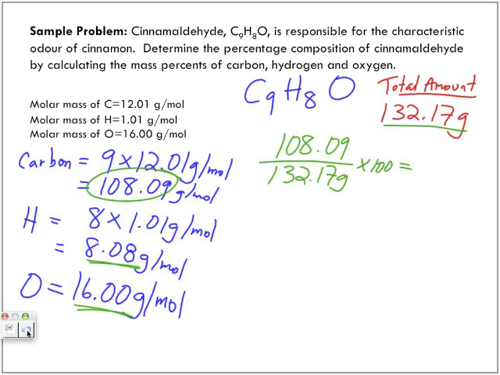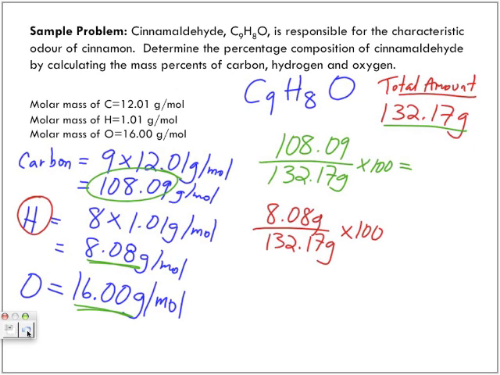When I don't have significant digits in the question, I always round off to 2 decimal places. Then for hydrogen, we have 8.08 grams divided by 132.17 grams, multiplied by 100.